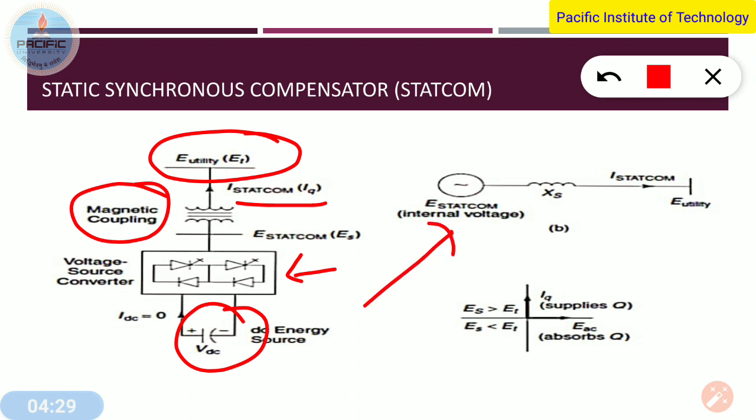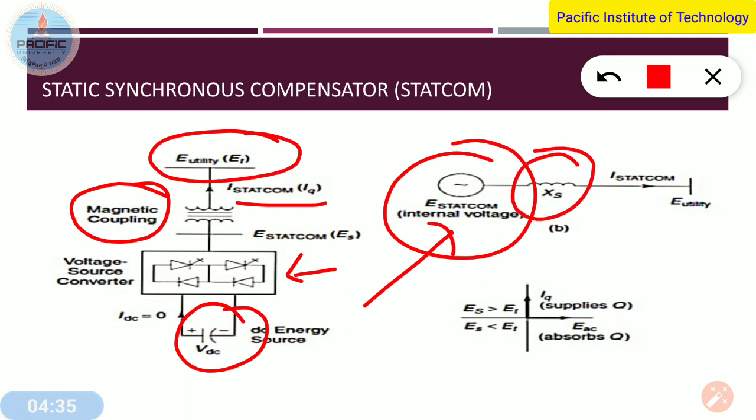So it can be represented as a STATCOM with an internal voltage E STATCOM. It is connected through a reactance X. A current I STATCOM is flowing, and it is provided to the utility grid.